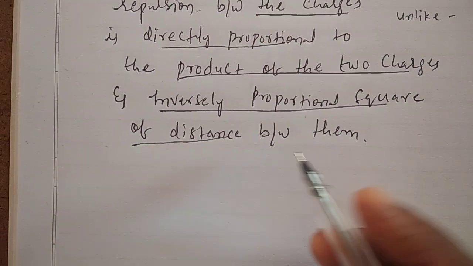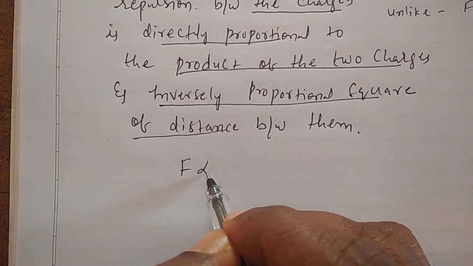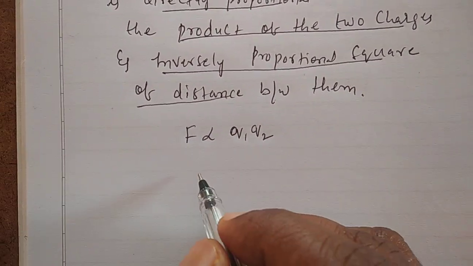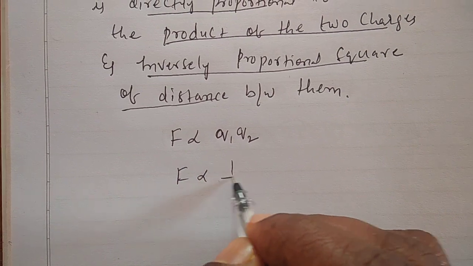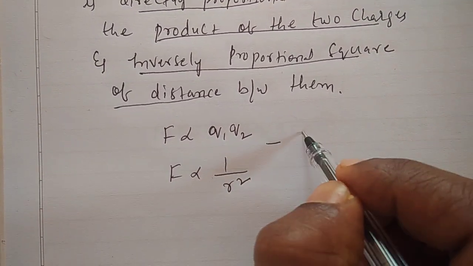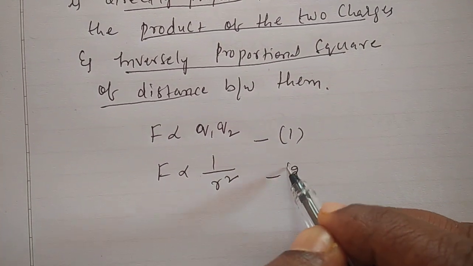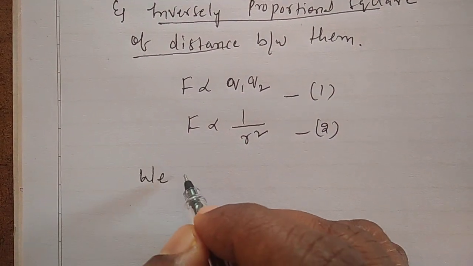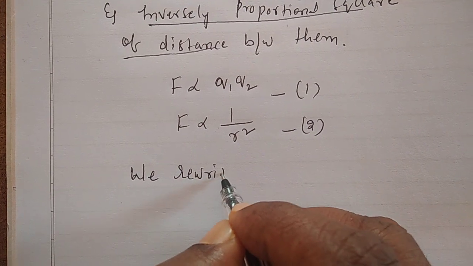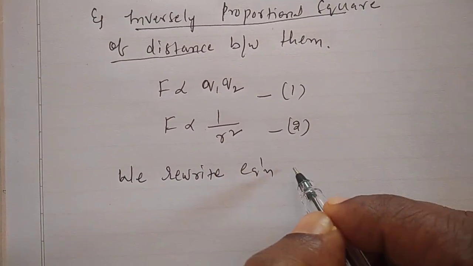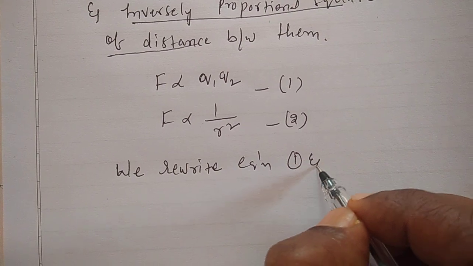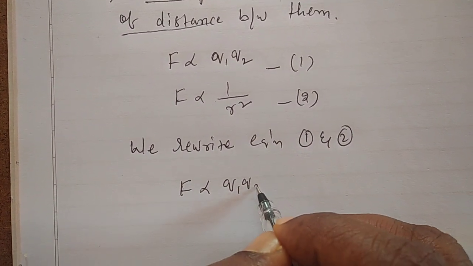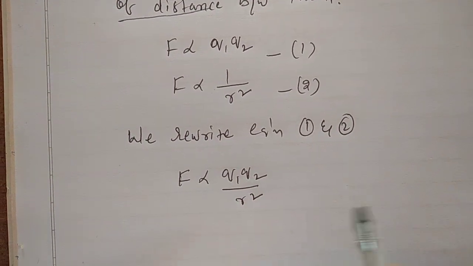Now we write it mathematically. In the first one, force is directly proportional to the product of the two charges, and in the second, force is inversely proportional to the square of the distance between them. This is equation 1, this is equation 2. Now we rewrite equations 1 and 2: force is directly proportional to q1 q2, inversely proportional to r square.